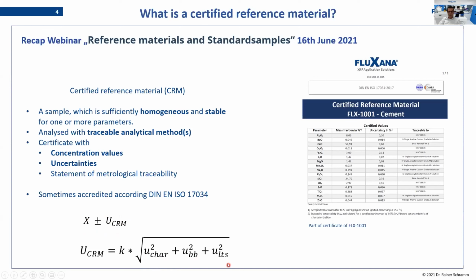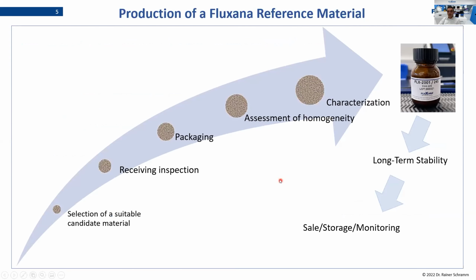And the third one is the long-term stability. So these three uncertainties add up to the total uncertainty, which you will find in a certificate together with the certified concentration.